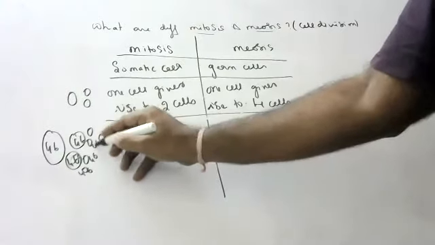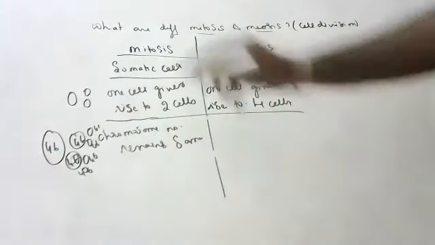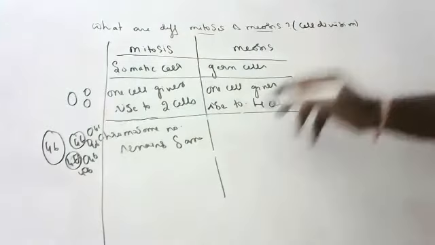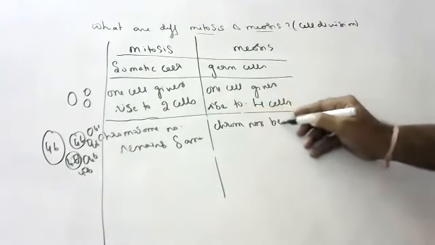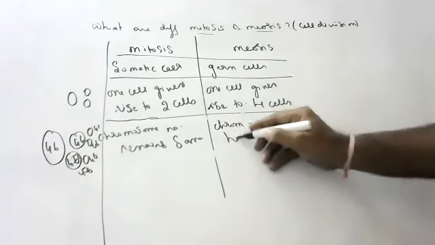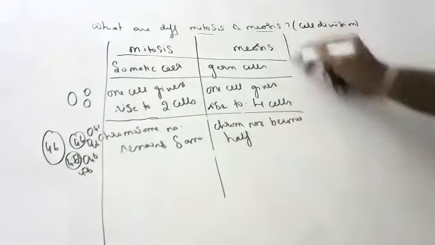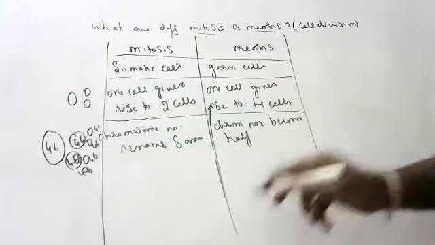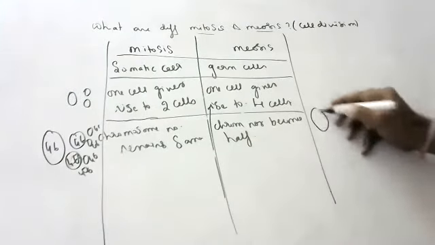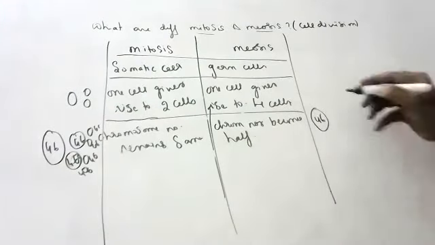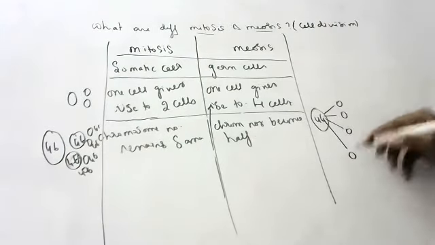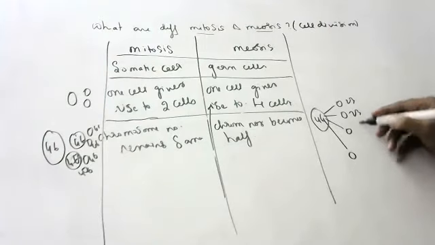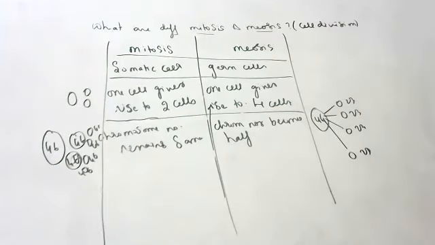Whereas in meiosis, the chromosome number becomes half. If the parent has 46, you'll get four cells, and each one will have 23, 23, 23, 23. The chromosome number becomes half.